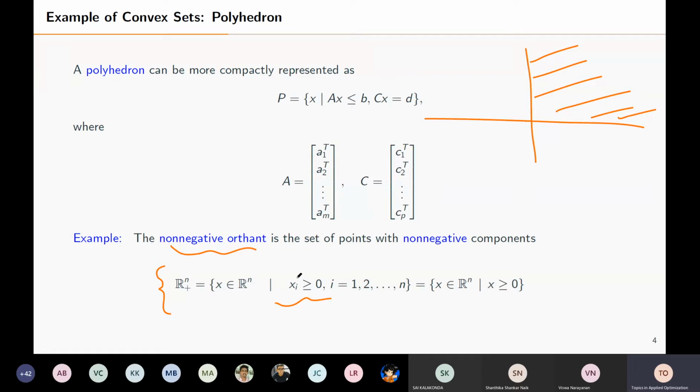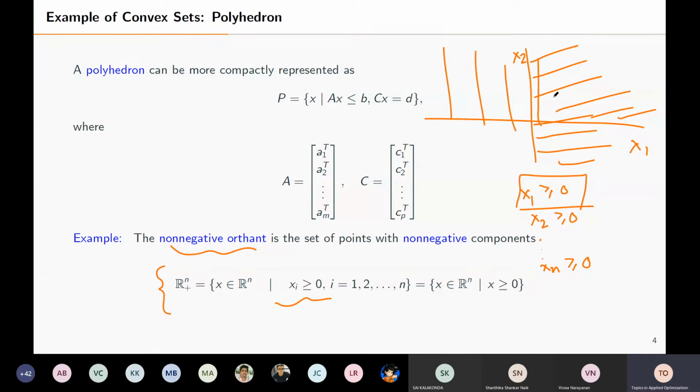So this is very simply the intersection of half spaces. Which half spaces? x1 greater than or equal to 0, x2 greater than or equal to 0, and so on, up to xn greater than or equal to 0. So this is a half space, right? What is x1 greater than or equal to 0? x1 greater than or equal to 0 is this thing. This is our x1, and this is x2, and x2 greater than or equal to 0 is this thing.